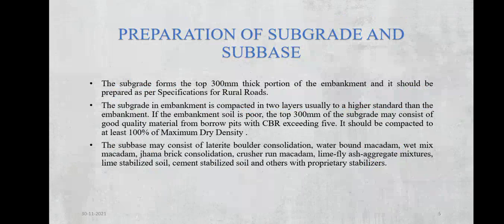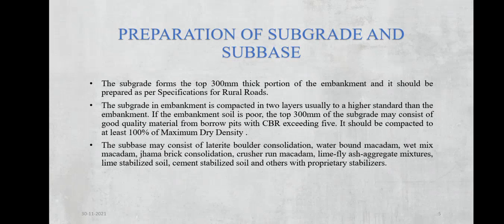Preparation of subgrade and subbase. The subgrade forms the top 300 mm thick portion of the embankment, which is given in the specification of rural roads. Subgrade in the embankment is compacted in 2 layers, usually to a higher standard than the embankment of usual rural roads.